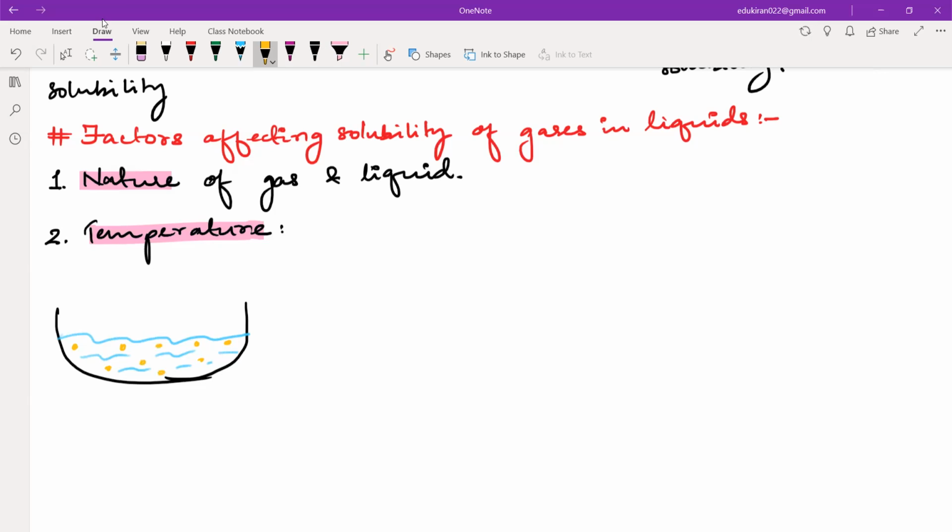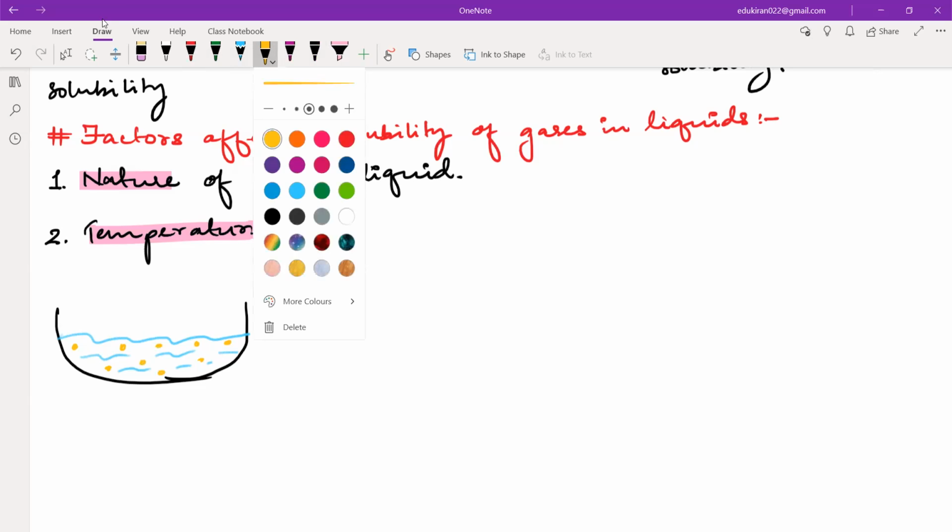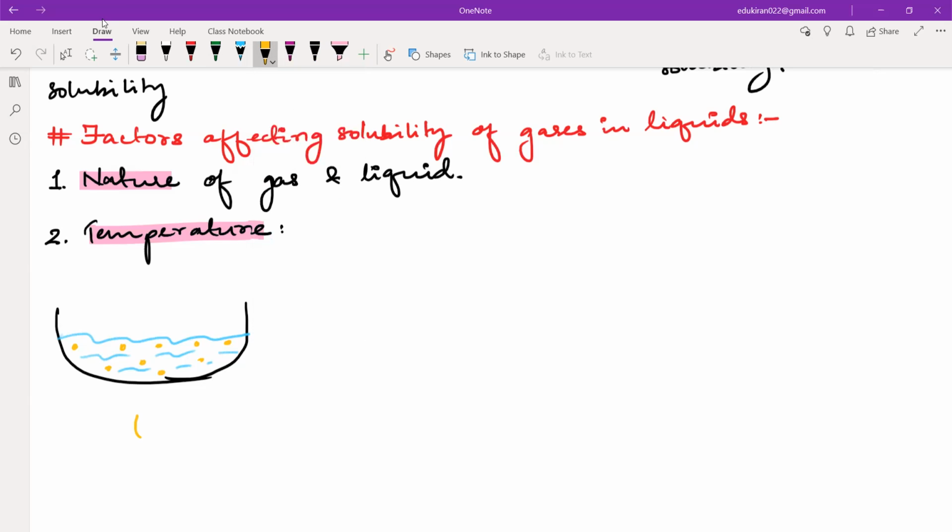Now you know what is going to happen if I start heating it. Tell me. Will the gas particles get dissolved more or will they evaporate out?